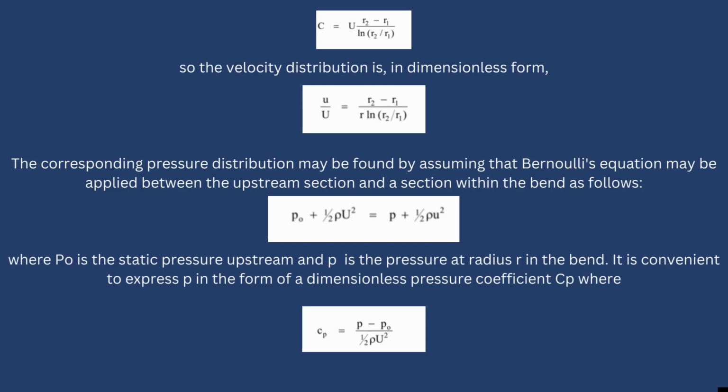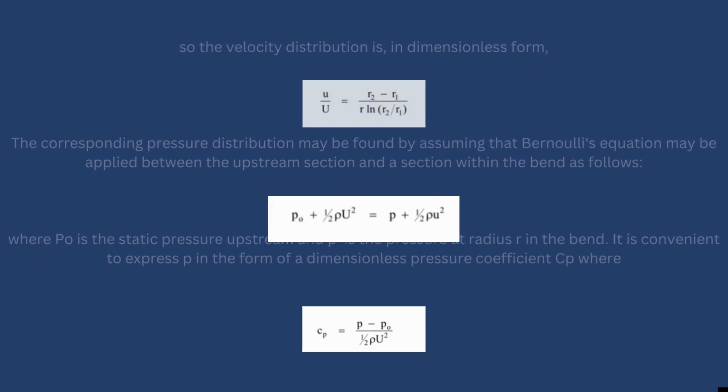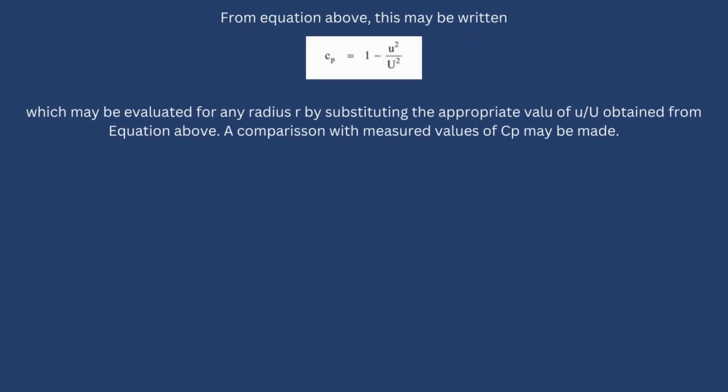It is convenient to express P in the form of a dimensionless pressure coefficient Cp, where the equation above. From the equation above, this may be written as follows, which may be evaluated for any radius by substituting the appropriate value of U over U0 obtained from the equation above. A comparison with measured values of Cp may be made.